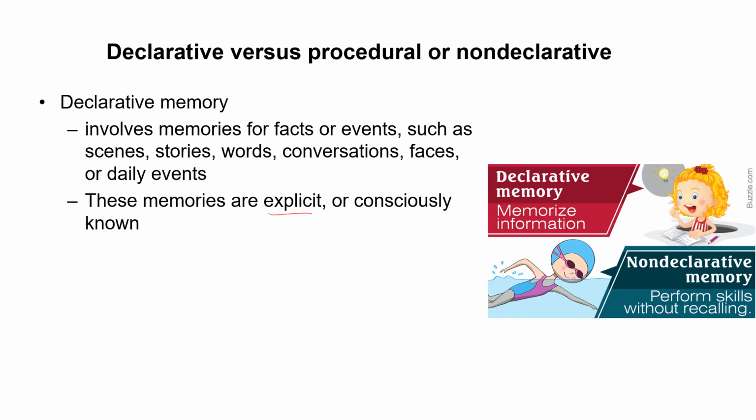And that's another way you can look at this, explicit versus implicit. So explicit memory, declarative memory, is your consciously known memory. Again, it's the memory for facts, events, scenes, stories, conversations. So it's not just facts and events, but it's also your life events.